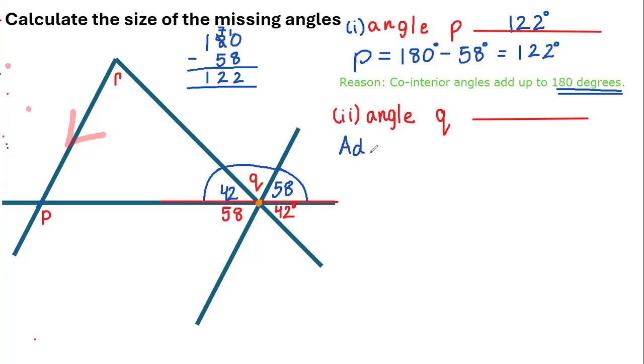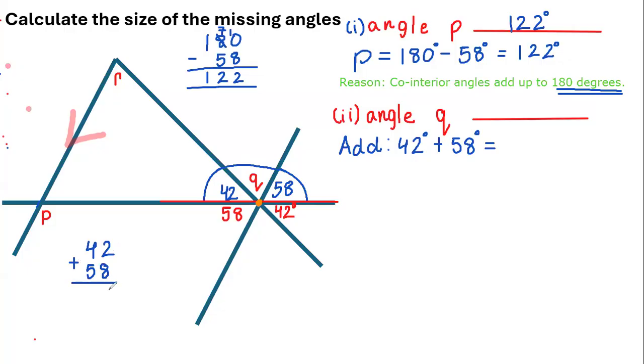So if we add them, it's 42 plus 58. This gives us 100.